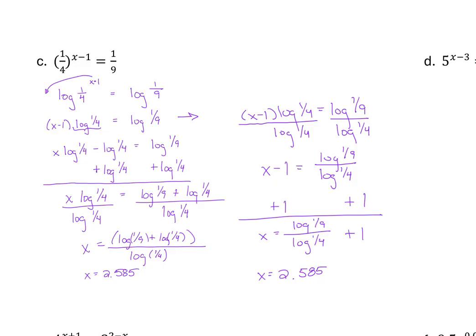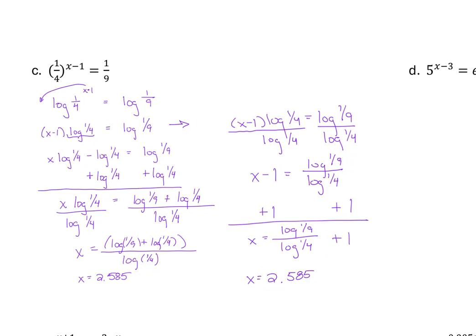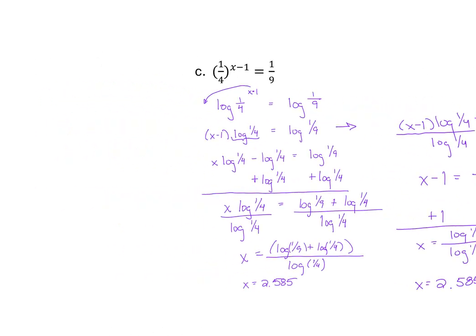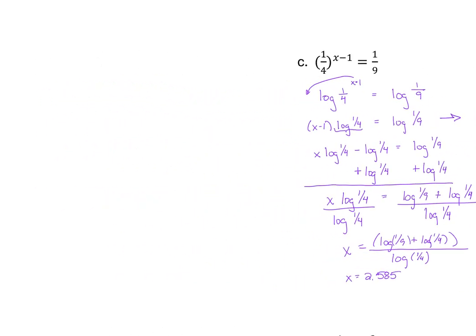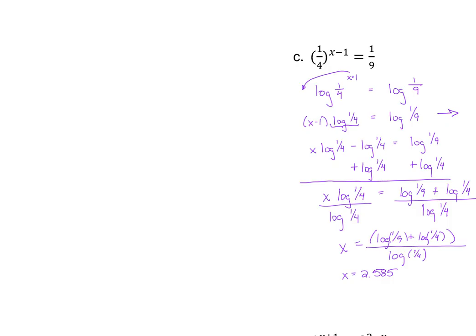I'm going to do one more, okay? If you don't like the fractions, and I know a lot of us don't like fractions, there's one other thing that we could do, and just to show that it doesn't really matter.